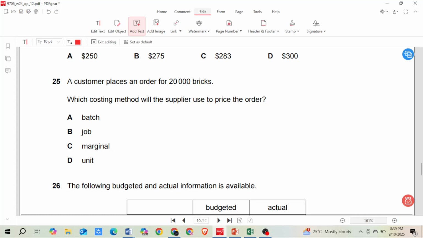So this method is called batch costing, because I need to find out how much it cost me to make 20,000 bricks, and then add profit to that, and then charge it to my customer. Okay, so this is your batch costing. If you are just making one brick, then that would be job costing. But we are making a number of bricks out here, so that would be batch costing. So your correct answer is A.